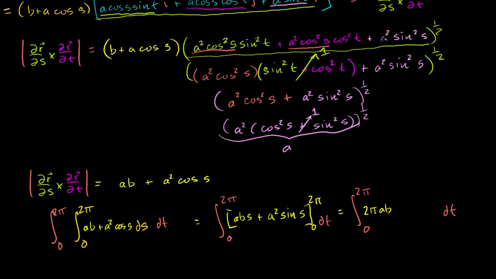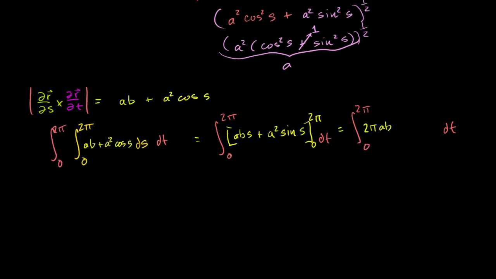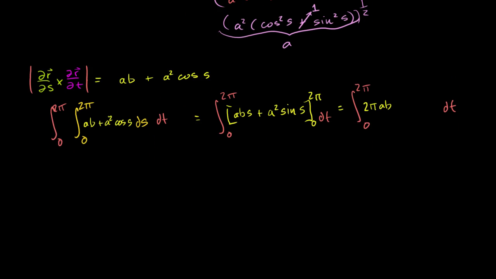Sine of 2 pi is 0, so there's not going to be any term there. And then minus 0 times ab, which is 0. And then minus a squared sine of 0, which is also 0. So all of the other terms are 0. So that's what we're left with. It's simplified nicely. So now we just have to take the antiderivative of this with respect to t.